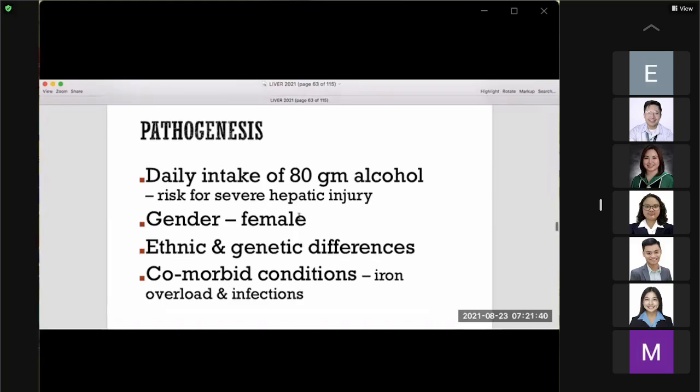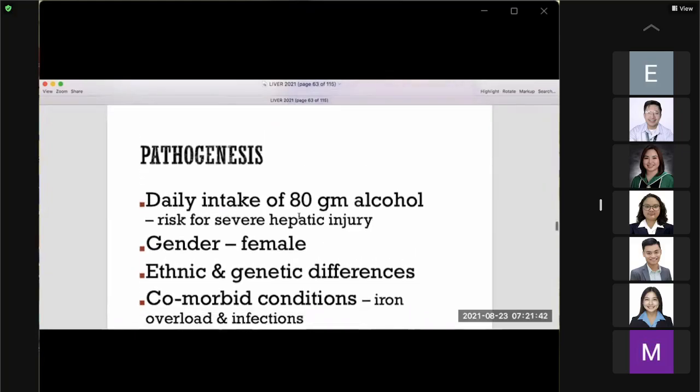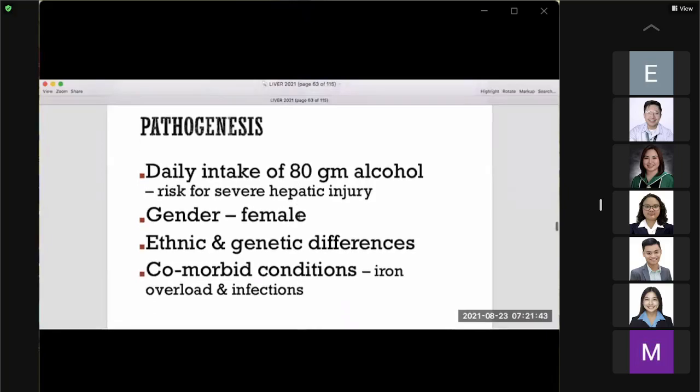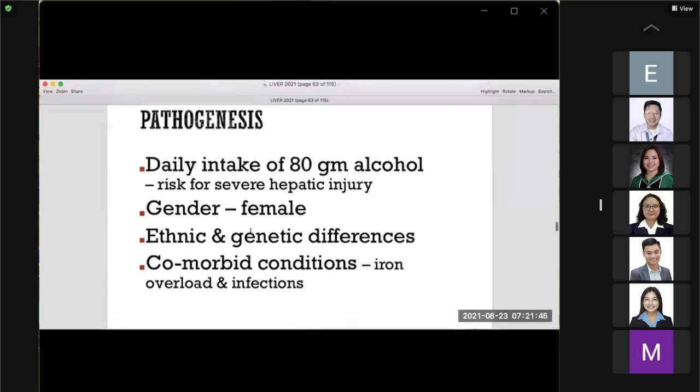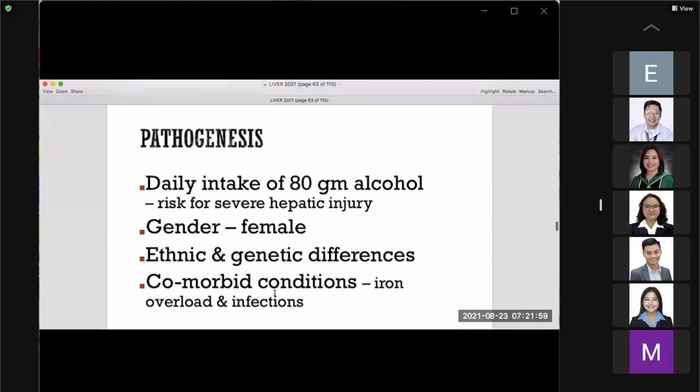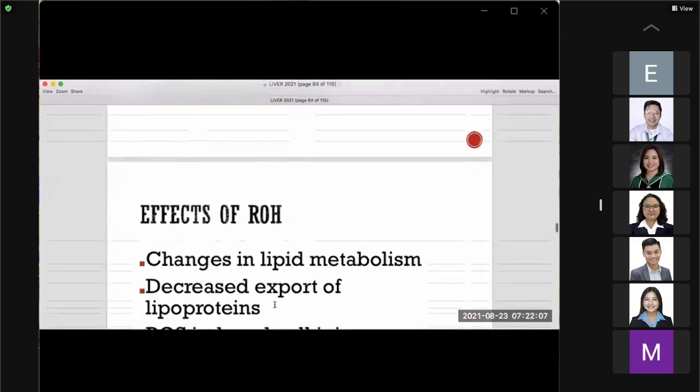But we see more males because there are more chronic alcoholic males. No? Ethnic and genetic differences are also factors. And the presence of comorbid conditions like iron overload or infection, together with alcoholism, would accentuate the liver destruction.